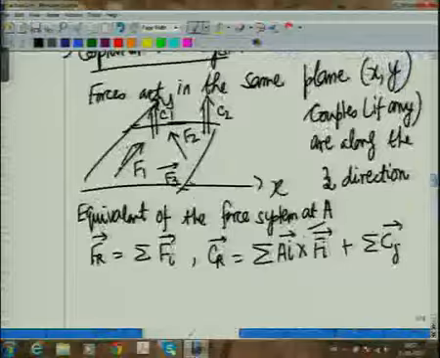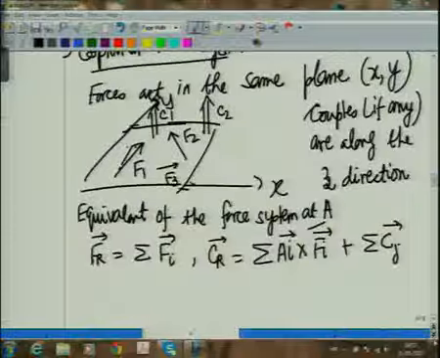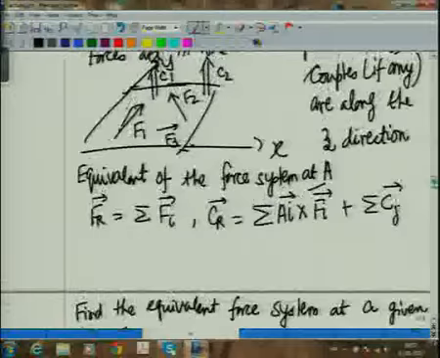So if I have it like this, this is the resultant force and the resultant couple.